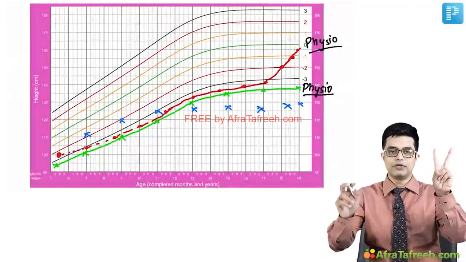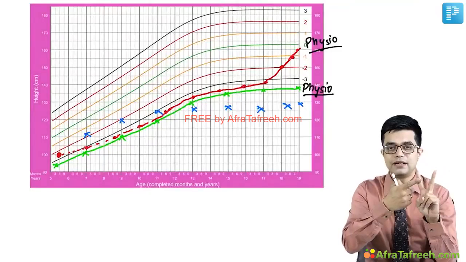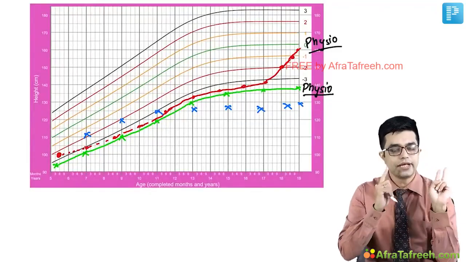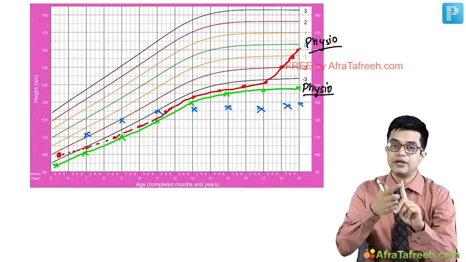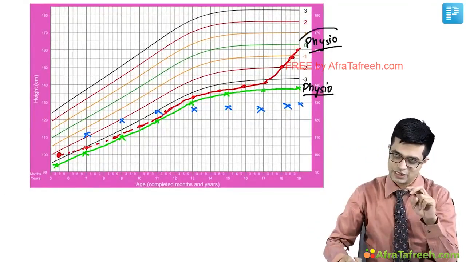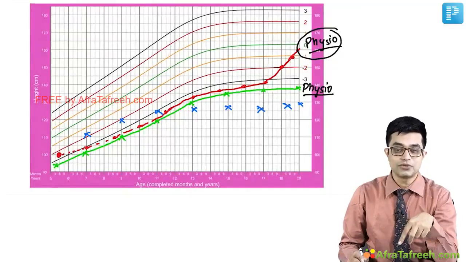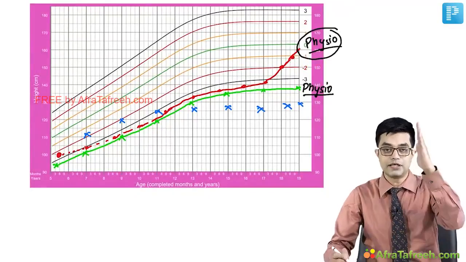Now we know that there are only two types of physiological short stature: familial and constitutional, right? Constitutional ultimate height is less. So this one, can you see that during adulthood, it crossed beyond -2 standard deviation. There is a late spurt which came.